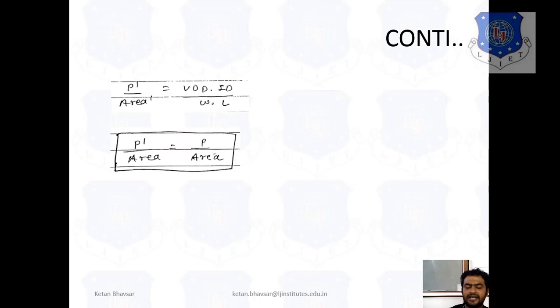So P dash by area is equal to P by area. So power density remains constant. In this particular topic, we just have to remember one particular table, and we have to do the power density calculation.